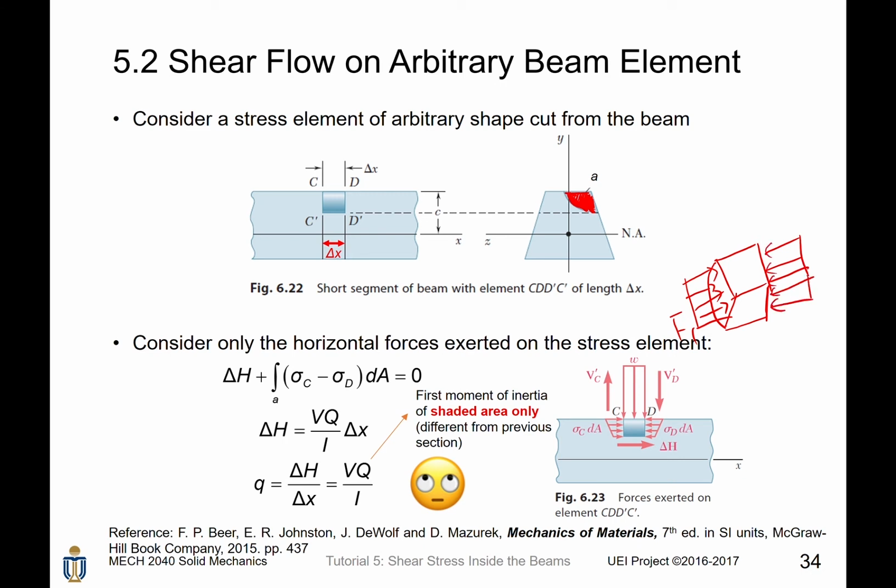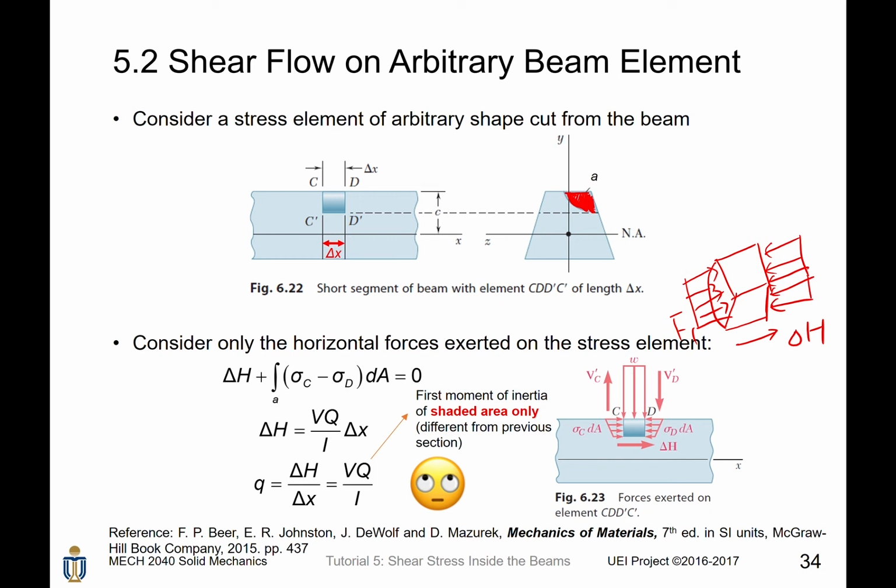At the same time, at the bottom of this stress element, there is also a horizontal shear force, delta H. I hope this drawing is acceptable to you. So we only consider those horizontal force components. Then we get delta H plus delta C minus delta D, dA equals 0. Consequently, by a very similar derivation process, we can get delta H equals VQ divided by I times delta X.